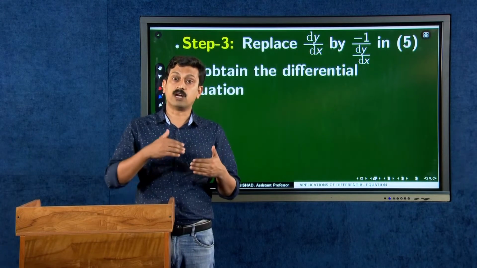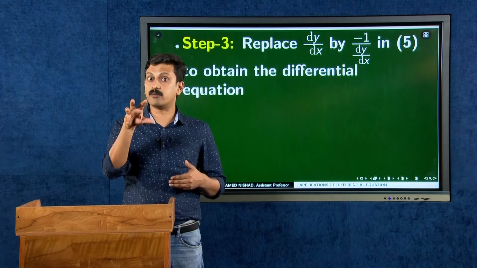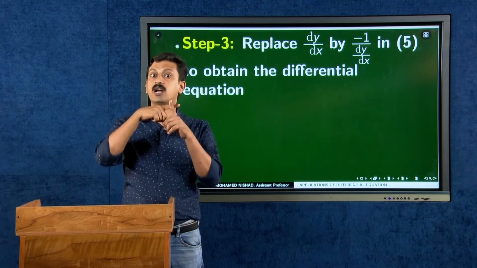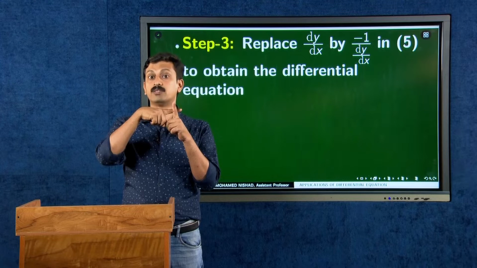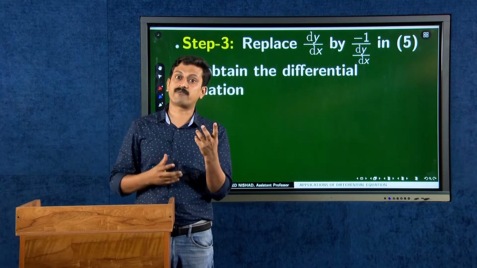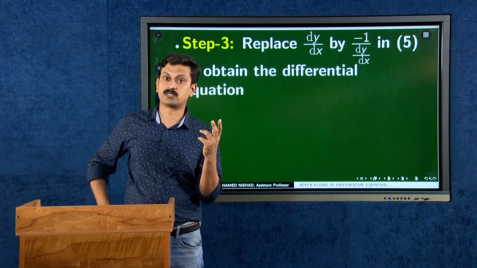We know that orthogonal trajectories are those families of curves whose tangent lines at a particular point are perpendicular. So the product of their slopes is equal to -1.